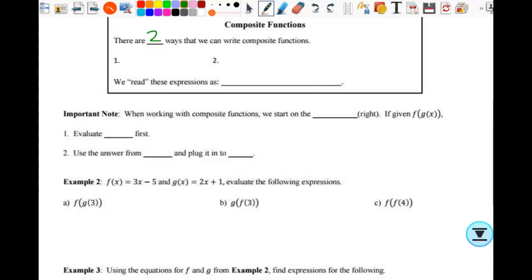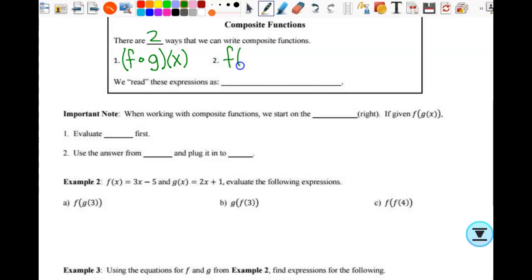First one would look like this, F, and then there's a little tiny circle. So it's not an O, it's a little teeny tiny circle. It's also not a dot, so it's not solid. F, and then G, and then X like that. And that reads F of G of X. Kind of looks like fog, but again, that's not an O, it's a little teeny tiny circle.